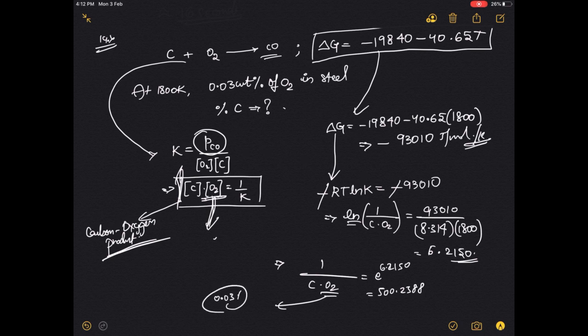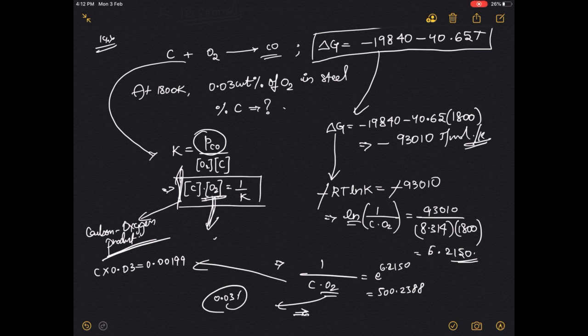By inverting, C into 0.03 equals 1 by 500, which is equal to 0.00199.